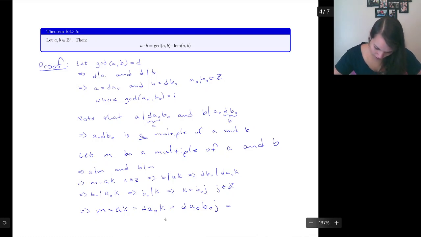So then, here you go. We have the number that we were looking at times an integer equals M, which we know the definition of divides, so then D A naught B naught divides M. So then D A naught B naught is less than or equal to M.